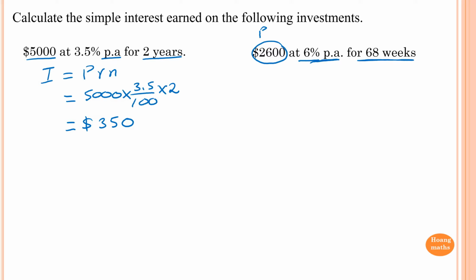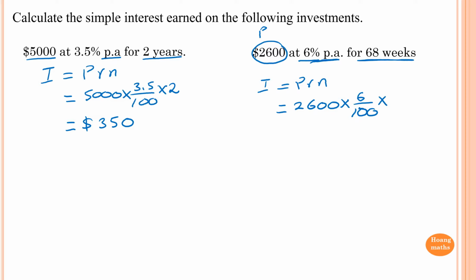So I'll just start with the rule first. I equals PRN. P is the amount of money you put in the bank, which is 2,600 in this case, and times the interest rate, which is 6%, so 6 per 100. And then times N.